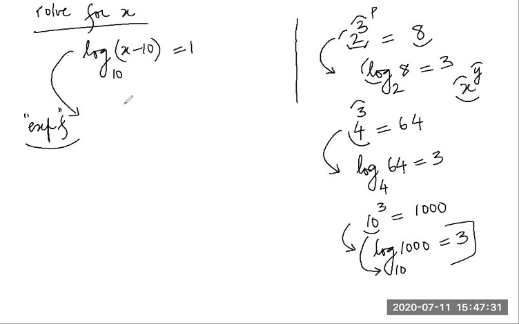Sir, 10 raised to power 1. Yeah, you are right, Manrosdeep Kaur. Here it is the base, and in exponential form also 10 will become the base. This 1 initially was the power. You see, 4 raised to power 3 is 64, and 3 came on the right side.